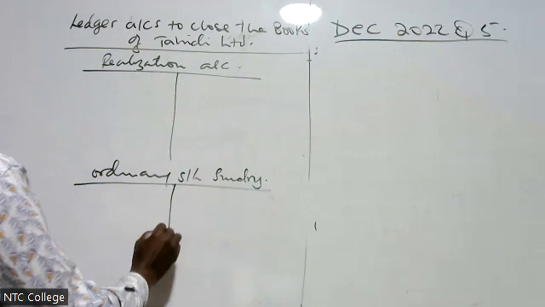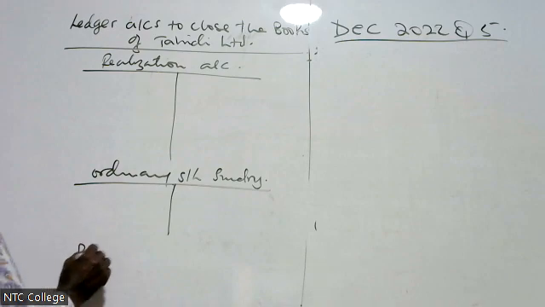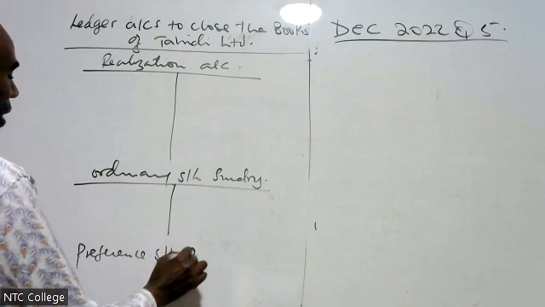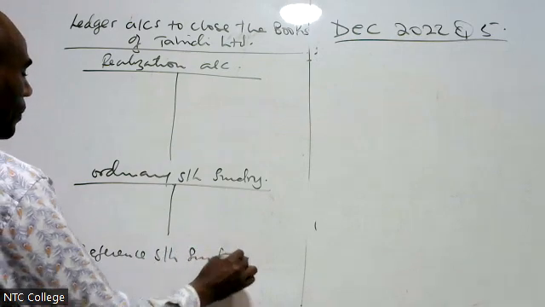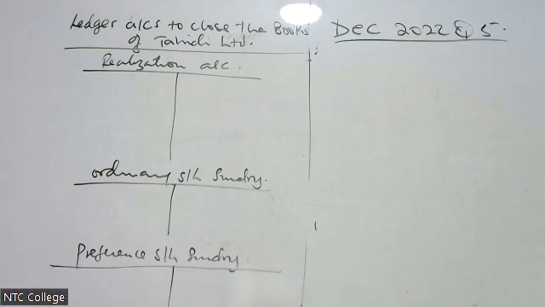You can give it like 4 or 5 lines going down. Then we have preference shareholder, sundry members. You can give it like 3 lines going down.